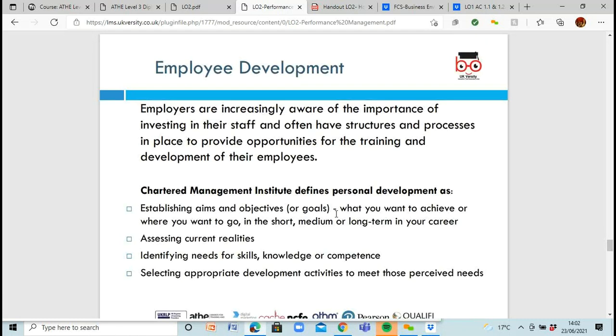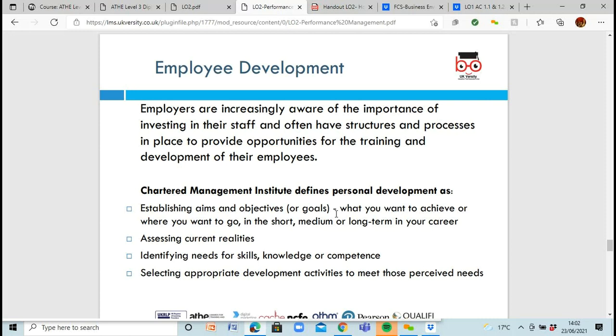Then again, make sure that your employees are being developed. Employers are quite aware that if they invest in their staff and have a good system in place, they're going to retain them a lot longer, especially if they're giving them development opportunities.